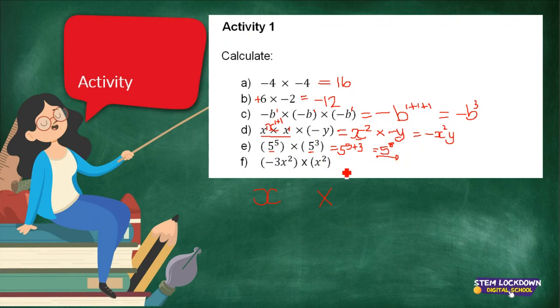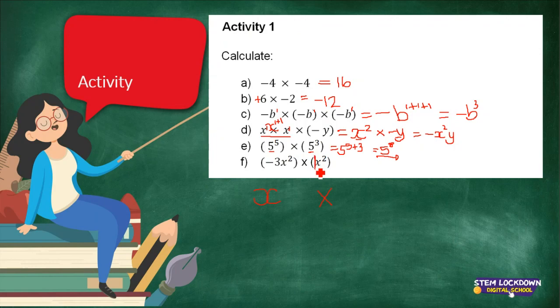Okay, let's look at this one. Negative 3x squared times x squared. Here we have numbers and variables, numbers and letters. So you always multiply numbers by themselves and letters by themselves. In this case, there's an invisible 1 that is not written there.